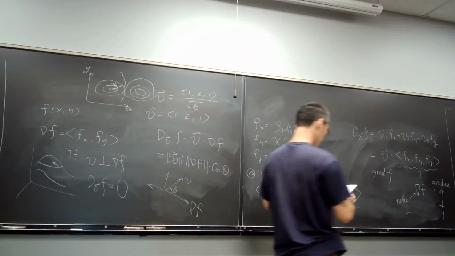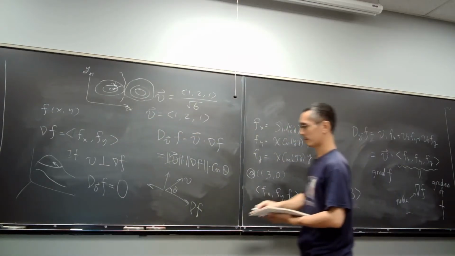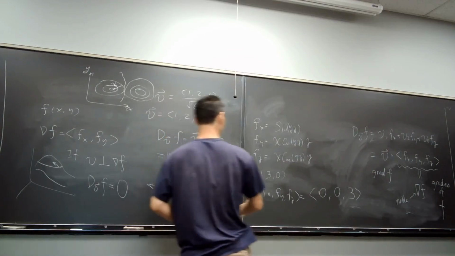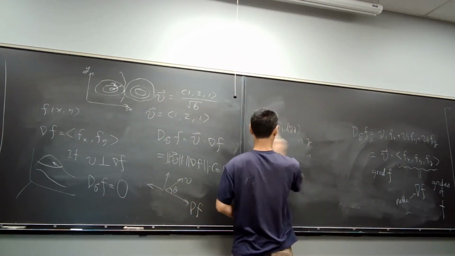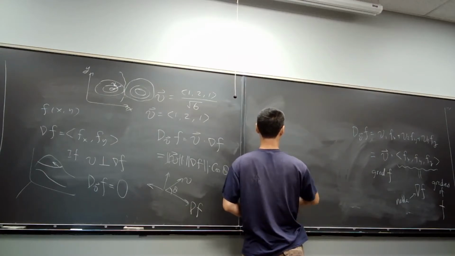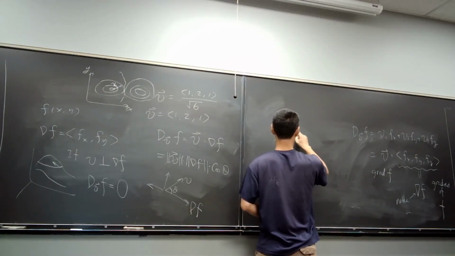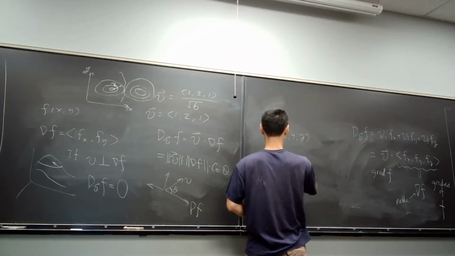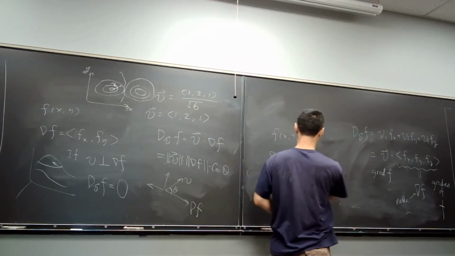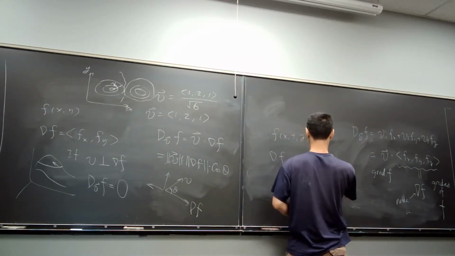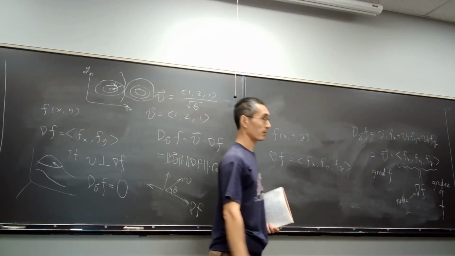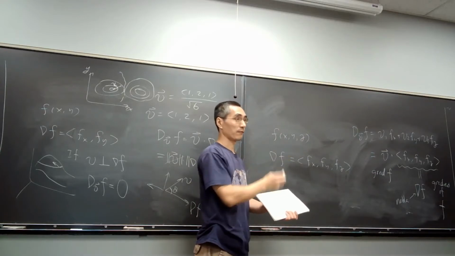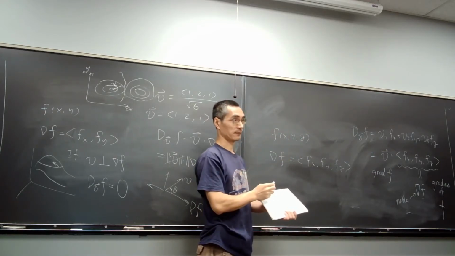All right, when you go to 3D, it's harder to visualize, but you can still call it that way. Say you have f(x,y,z), then what does this gradient f represent? It still represents the direction along which the function is increasing fastest.